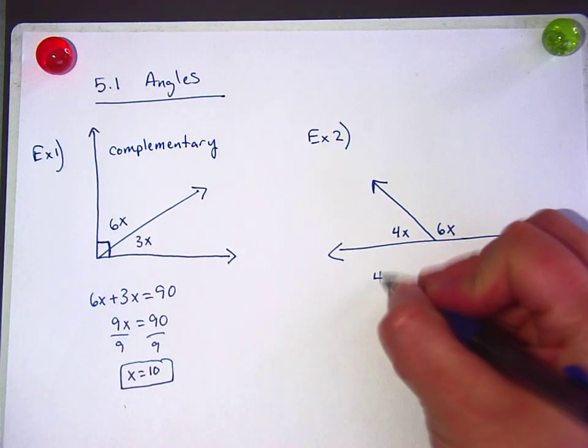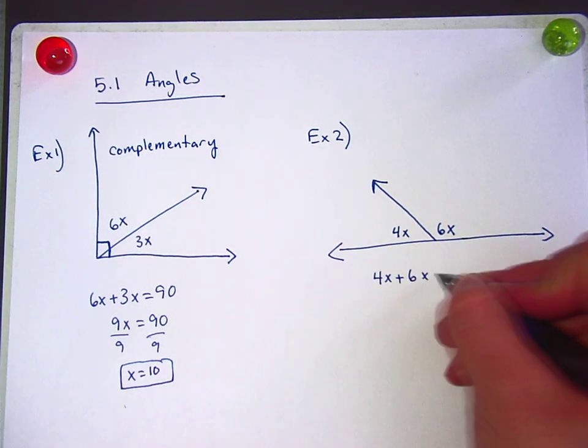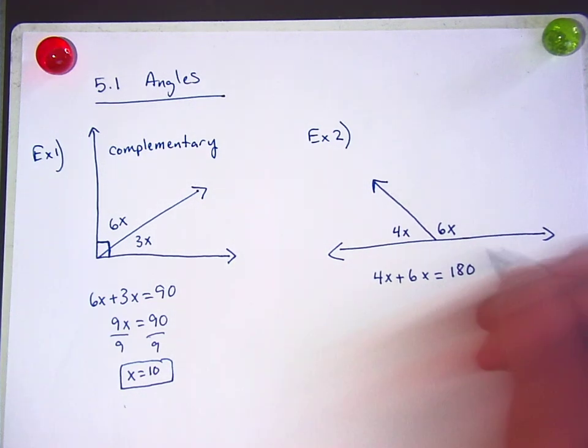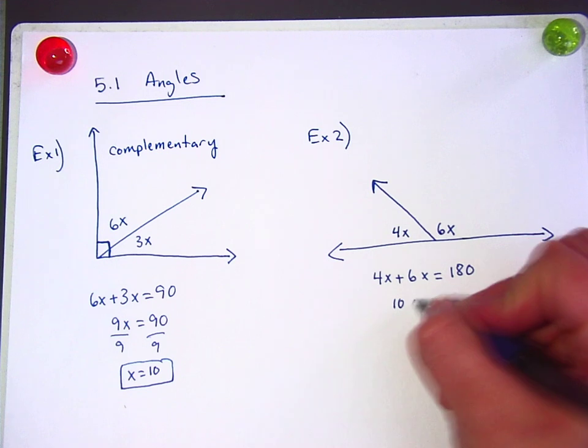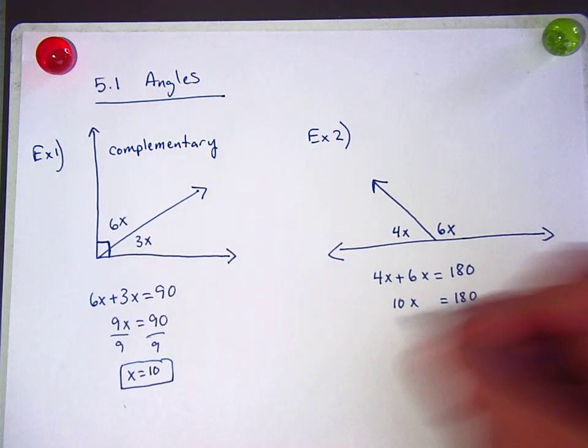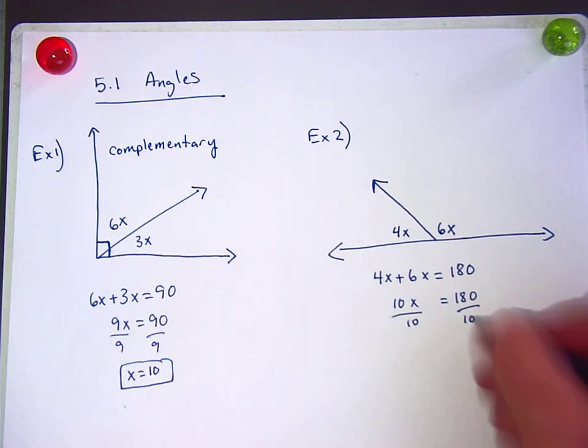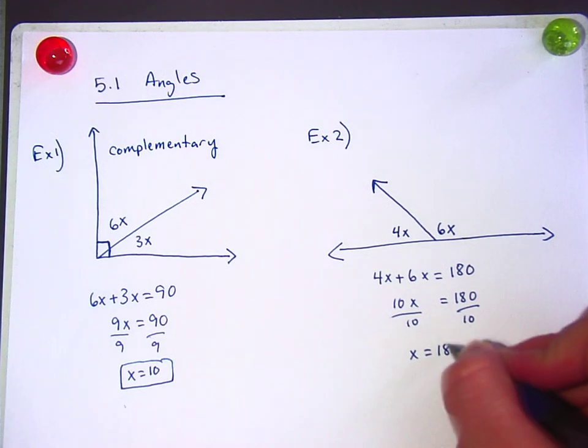Okay, so this one is 4x plus 6x equals 180. 4x plus 6x is 10x equals 180. Divide by 10, x is 18.